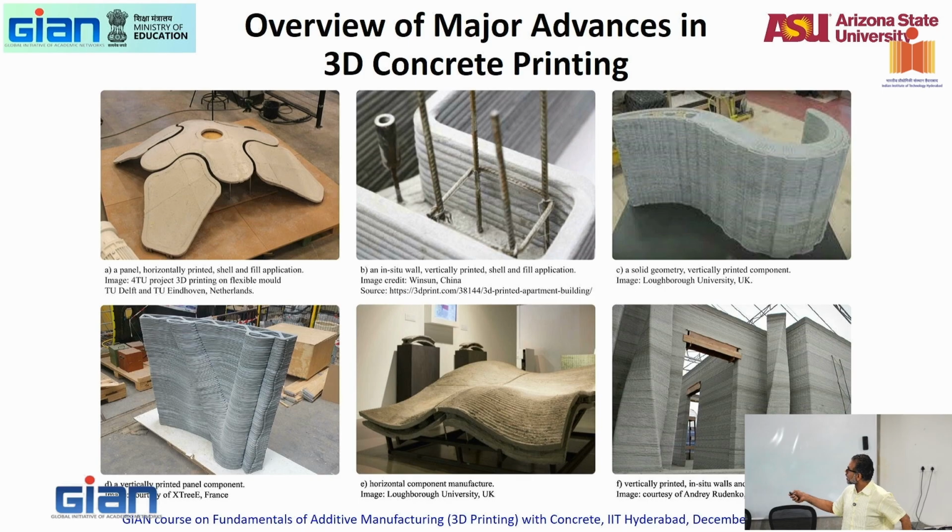Solid geometry. This is such a solid geometry. Think of how much weight this will have. If you build something like that with solid geometry, it's going to have tremendous mass. And how do you do it? That's a vertically printed panel component. So now you start to make allowances for hollow spaces in between and start to reinforce those hollow spaces.